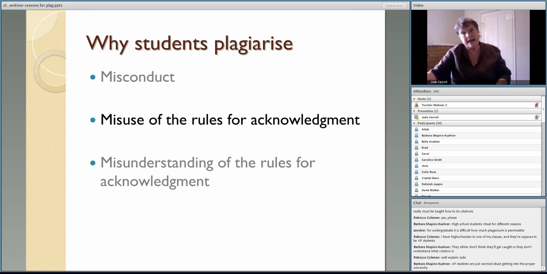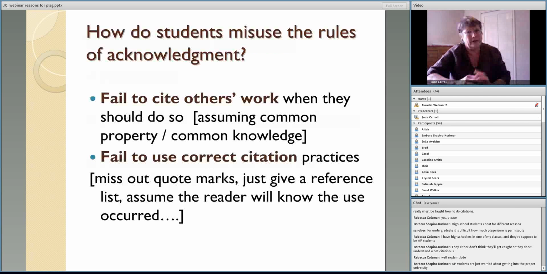So I'm now into this why question, not misconduct, but misuse of the rules of acknowledgement. Very, very briefly, can you move it on? Students misuse the rules because they fail to cite when they should. So for example, they assume common property and common knowledge in the ways that we were just talking about, when they should assume that this is work that goes to an identifiable or named source.